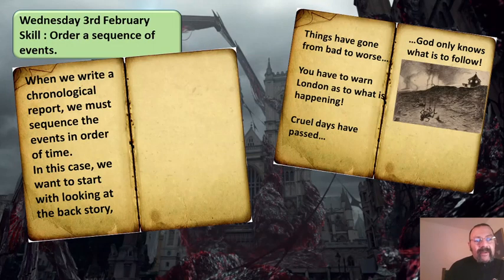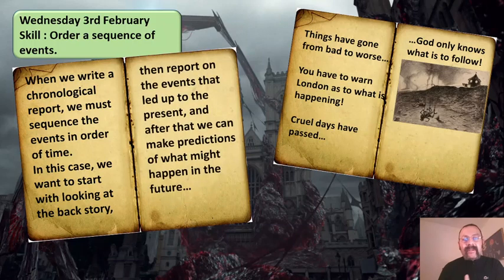All right, so when we write a chronological report, we must sequence the events in order of time. In this case, we're going to start with a little bit of the backstory, what the astronomers have noted, and then those events that lead up to the present day and what has happened.